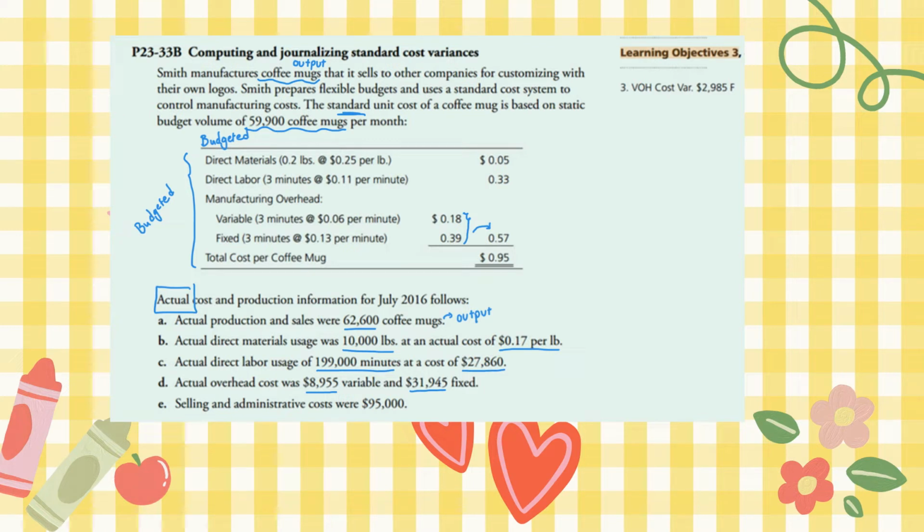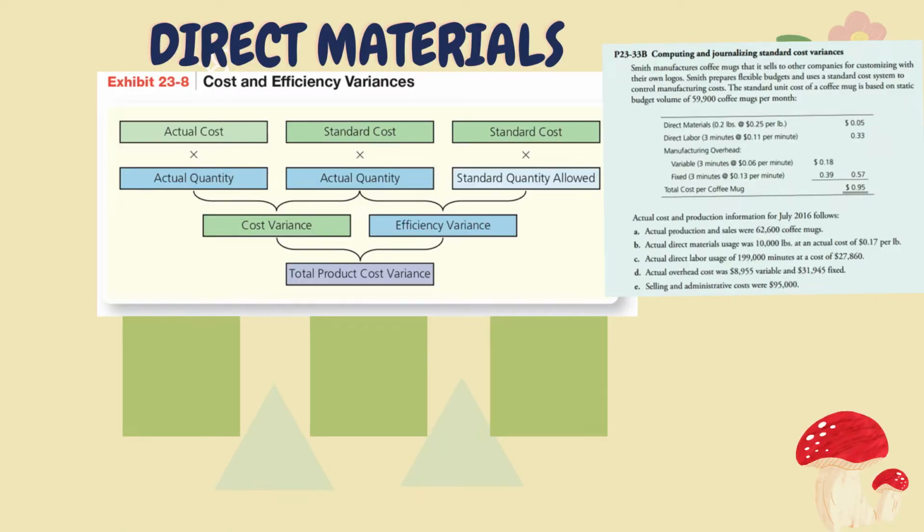So let's find direct materials variances, direct labor variances, variable overhead variances, and fixed overhead variances. Direct materials variances first. I need to multiply actual cost by actual quantity, then standard cost by actual quantity, then standard cost by standard quantity allowed.